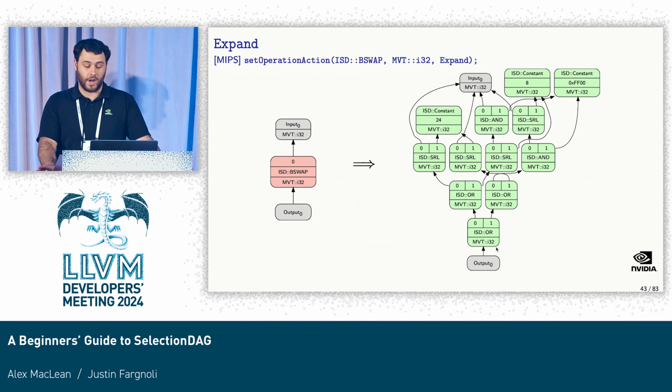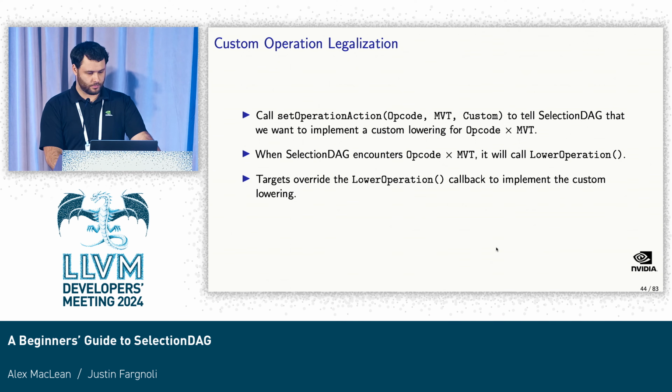Here's our before and after. Our byte swap gets transformed into a DAG of ands, shifts, and ors that properly emulate the byte swap. What if promotion and expansion aren't enough for our use case? That's where custom legalization comes in.